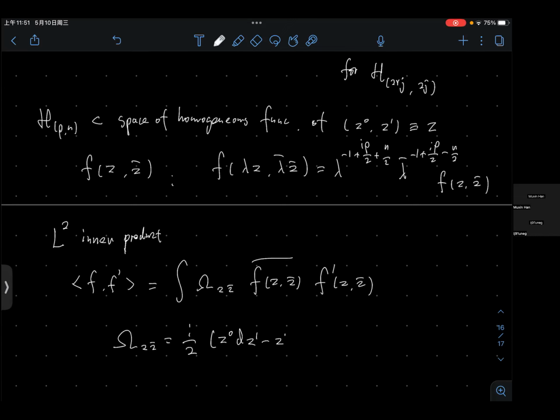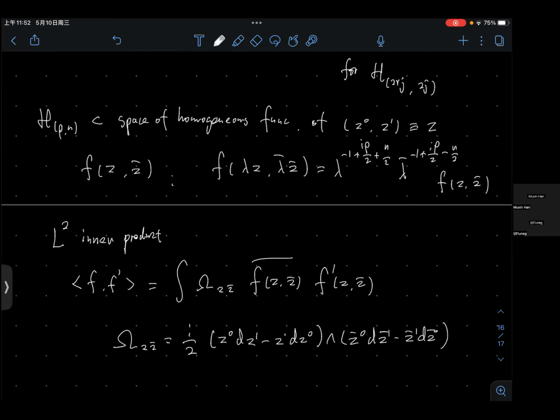Z1 dZ0 minus Z0 dZ1 wedge. Okay, and you can check that the integrand here, which I write above as a differential form, is scaling invariant.